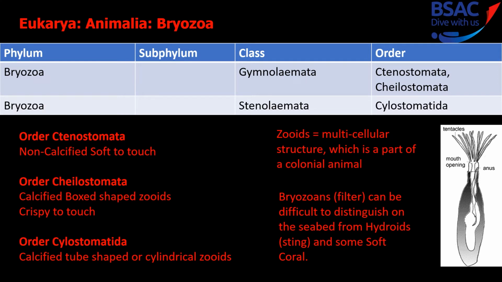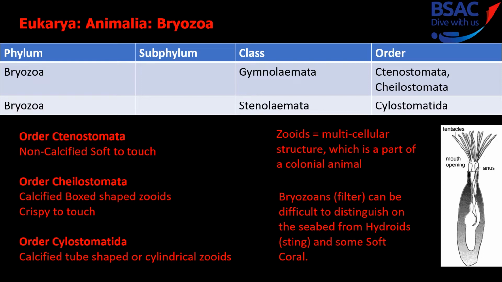Gymnolaemata are soft vase-shaped or calcareous box-like zooids, and the Stenolaemata have tubular zooids. There are 3 orders of marine bryozoas: the Ctenostomata, where the exoskeleton is typically gelatinous or composed only of a soft membrane, therefore it is non-calcified and soft to touch.